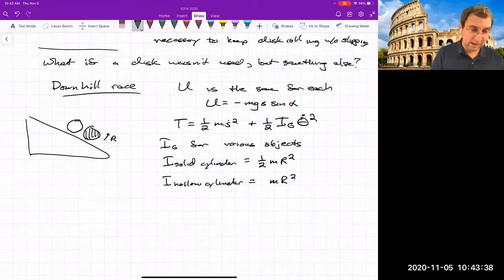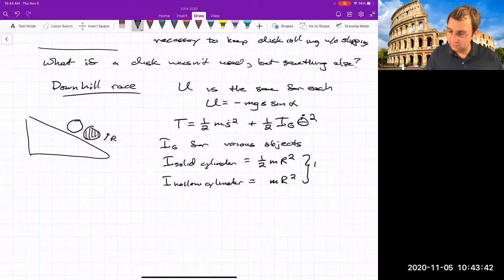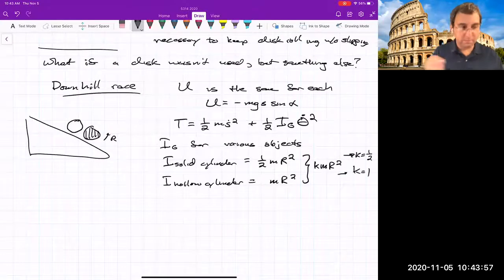There's no factor of 1/2. If we write both of these as some non-dimensional number k times mr squared, then this one has k equals 1/2, and this one has k equals 1.